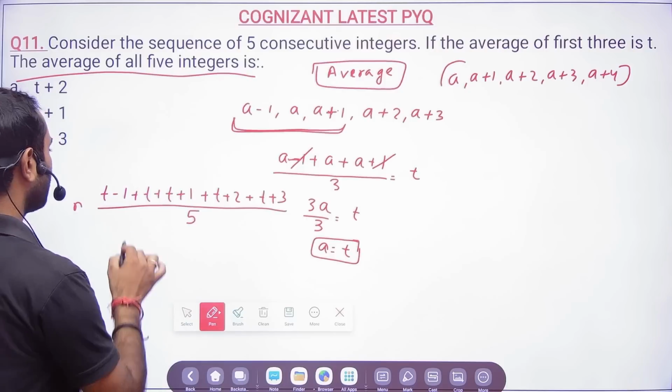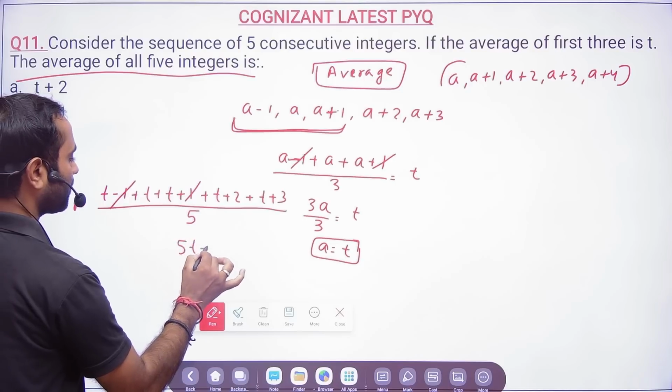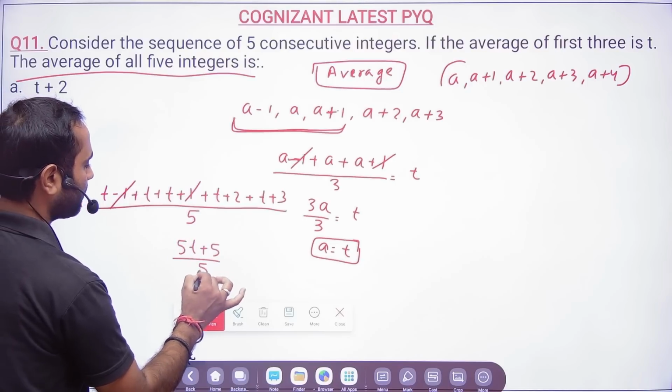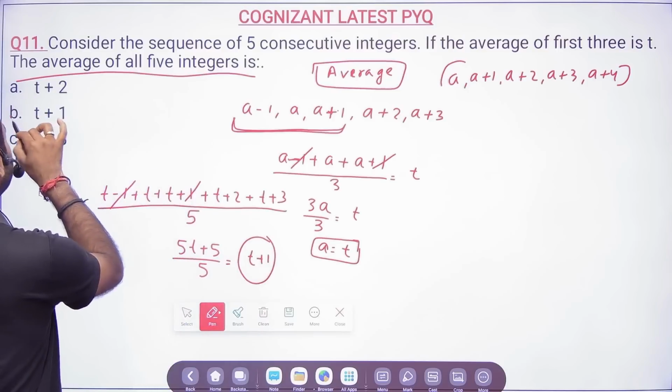Okay, so see, the 1 and 1 are cancelled, so 5t plus 5 divided by 5, it will be nothing but t plus 1. So t plus 1 will be the average.